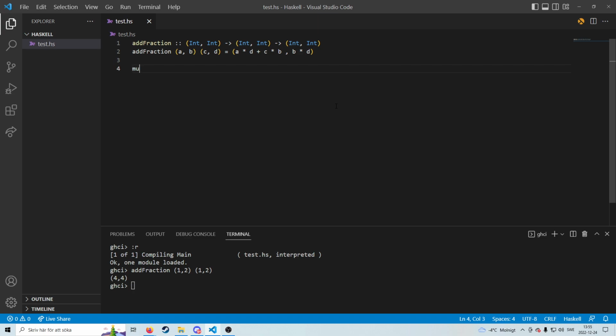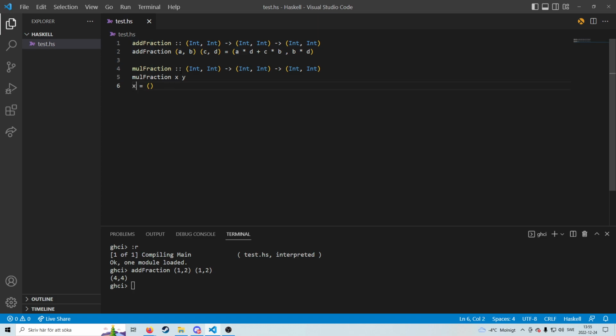But let's say for our fraction, it would have the same signature, because we're still working with tuples of 2 pairs of integers. But here I can actually show you a built-in function that we can use on tuples. So let's say that we had instead, let's just say a and b. Let's actually name them x and y in this case.